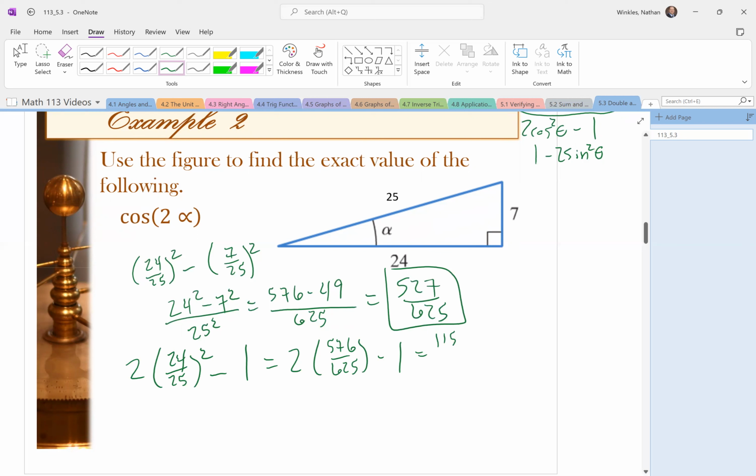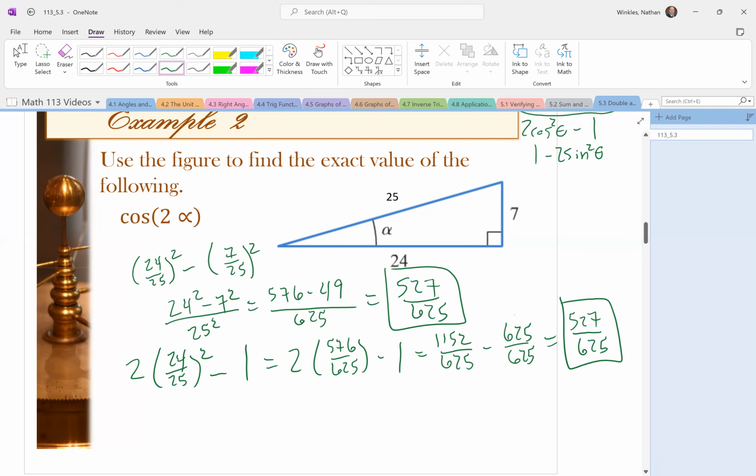So this is 1152 over 625 minus 625 over 625, which gets us 527 over 625.